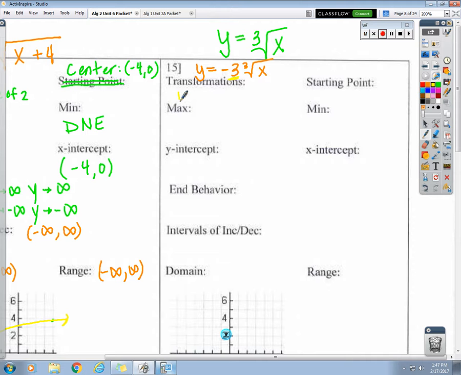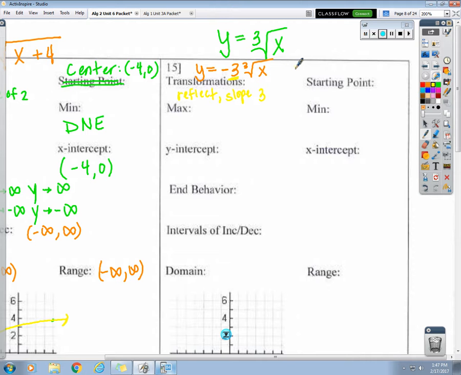The negative will reflect it. And the 3 is a slope of 3. So, reflecting it and having a bigger slope does not cause it to shift left or right. Horizontal shifts occur up under the radical, vertical shifts occur out from under.